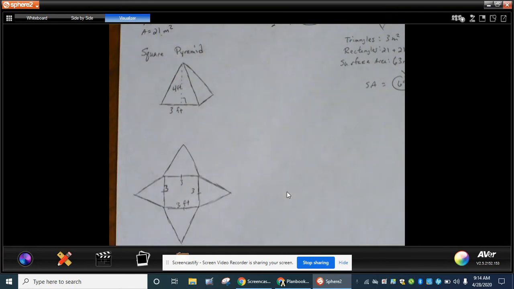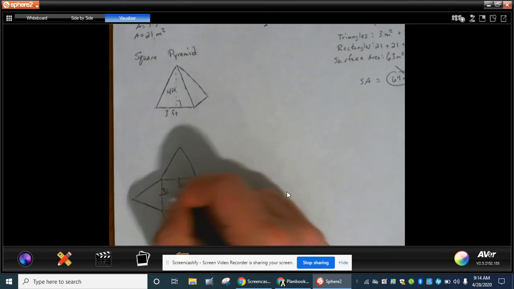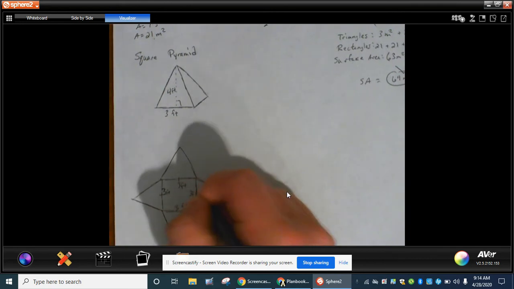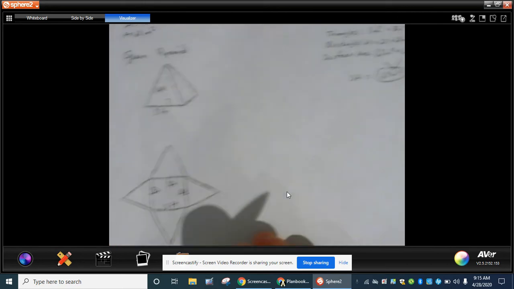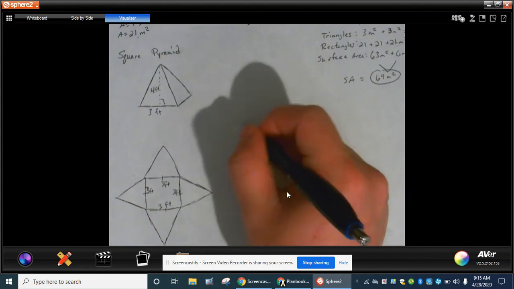Don't forget to measure. But again, I'm not focused on perimeter, I'm focused on area. So let's find the area of the square base.